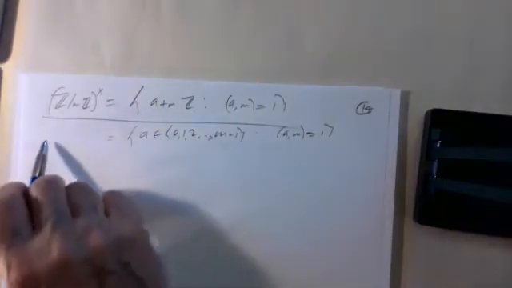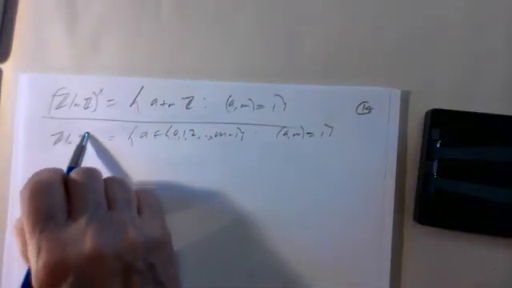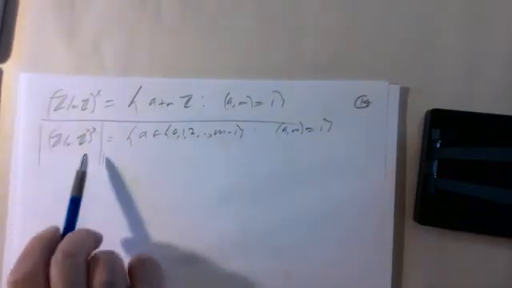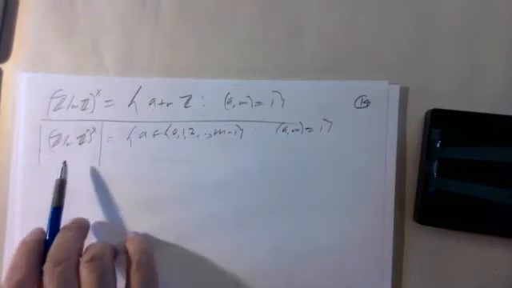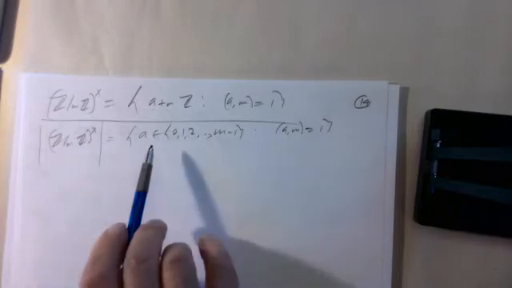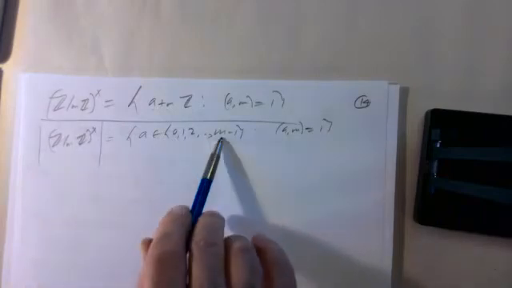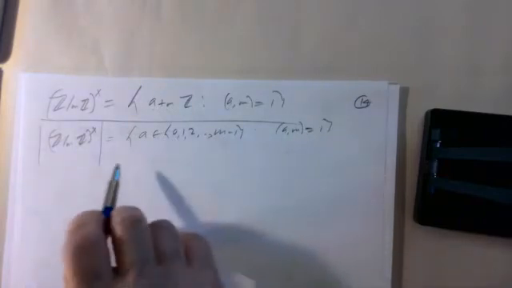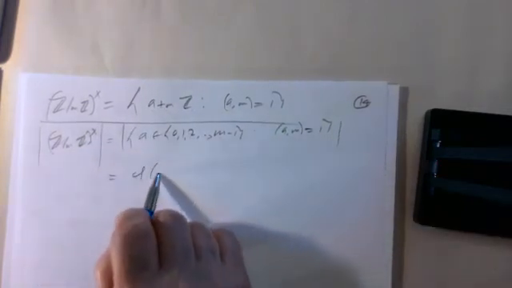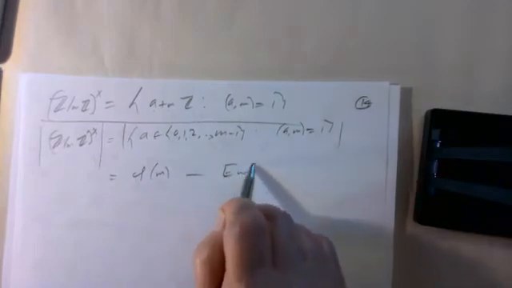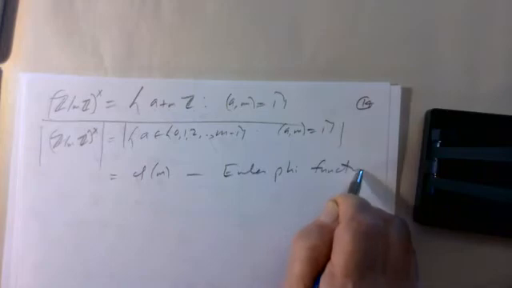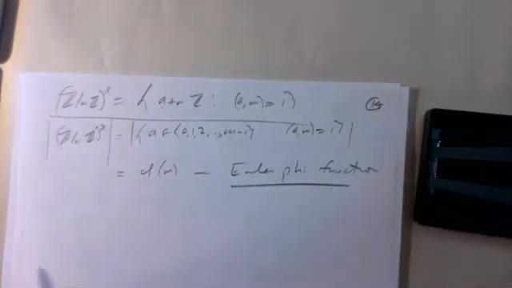And the number of elements in this, when you put vertical lines around a set, that means the cardinality or the size of the set, is the number of non-negative integers up to M minus 1 that are relatively prime to M, which is exactly phi of M. This is the definition of the Euler phi function that I defined last week.